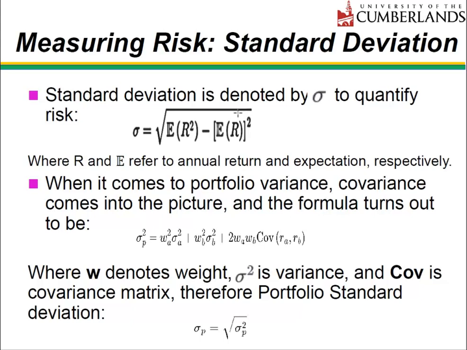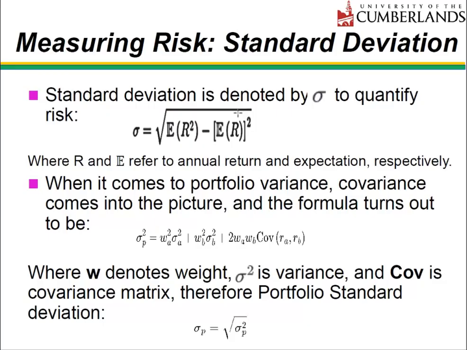When we move to portfolio analysis, the calculation becomes more complex because we must account for correlations between different assets. The portfolio variance formula incorporates not just the individual variances of each asset, but also the covariances between assets.